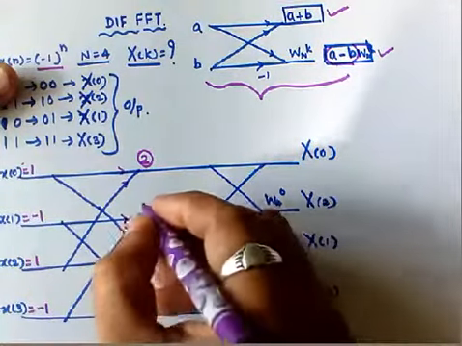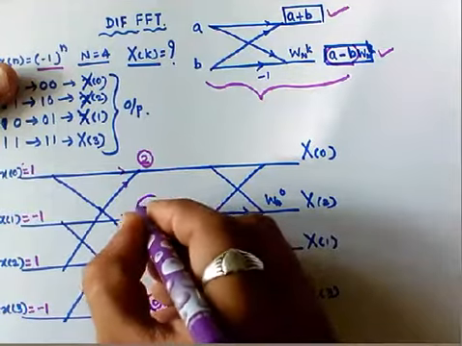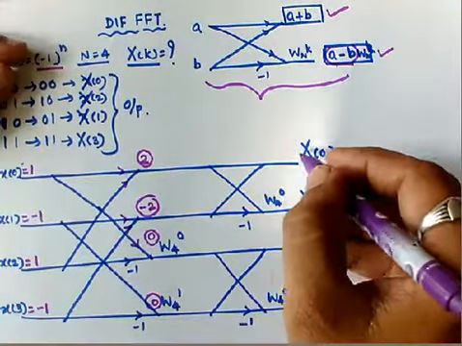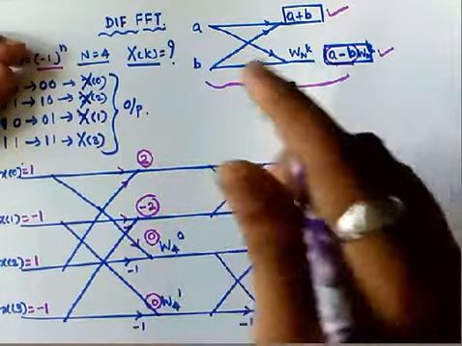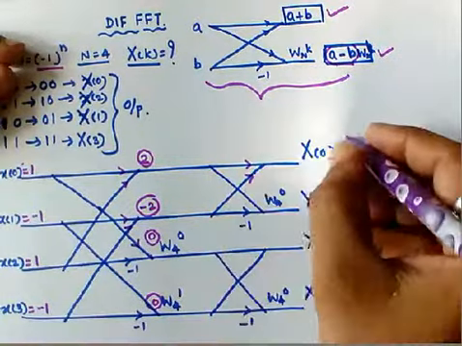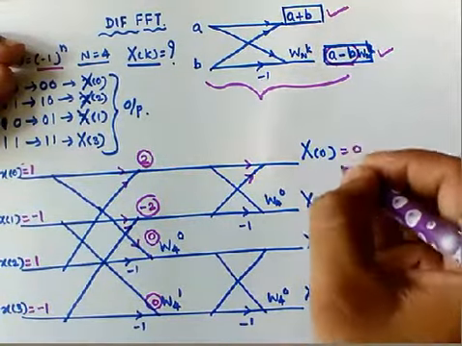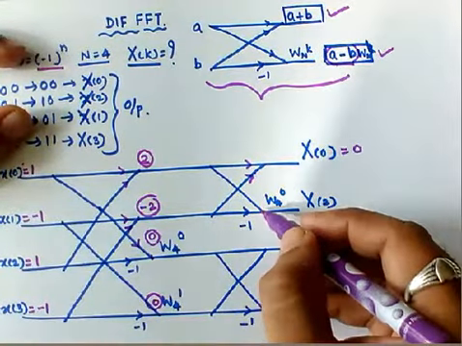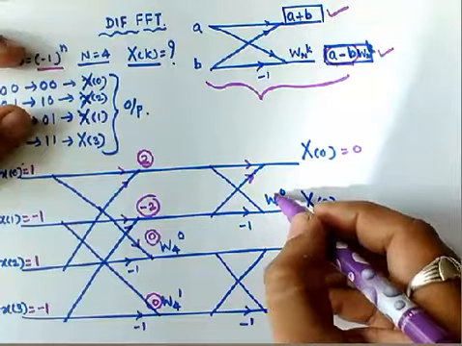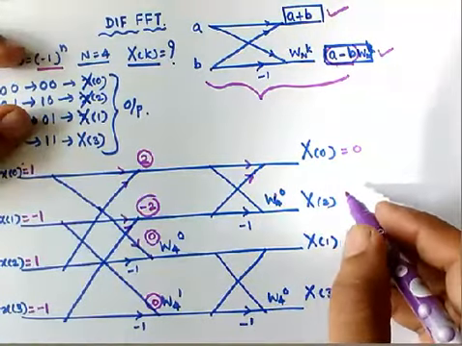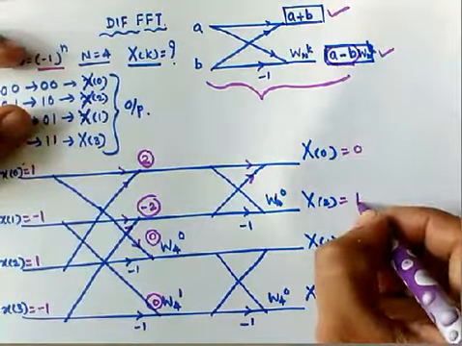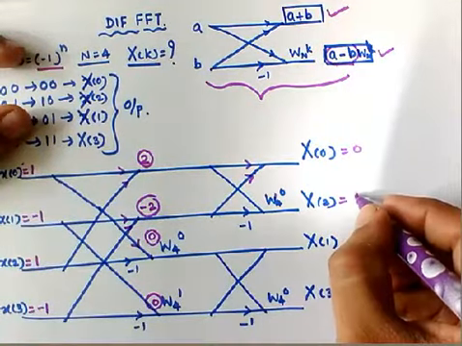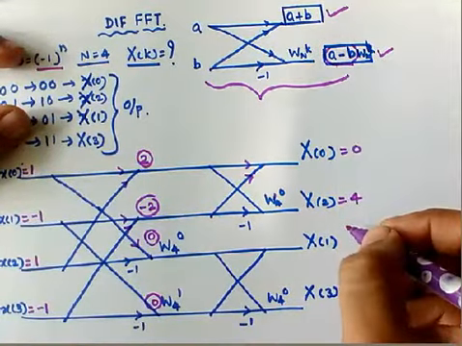Same thing you can do over here. Minus 1 plus minus 1, this is minus 2. By carry forwarding these values to this point, 2 minus 2, so here it will be 0. Next this is 2 plus 2, that is 4, into W4 raised to 0, which means 1. So this is nothing but 2 plus 2, 4 into 1, that is 4.